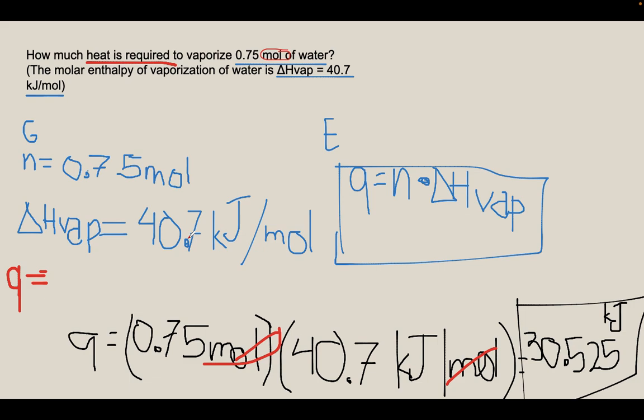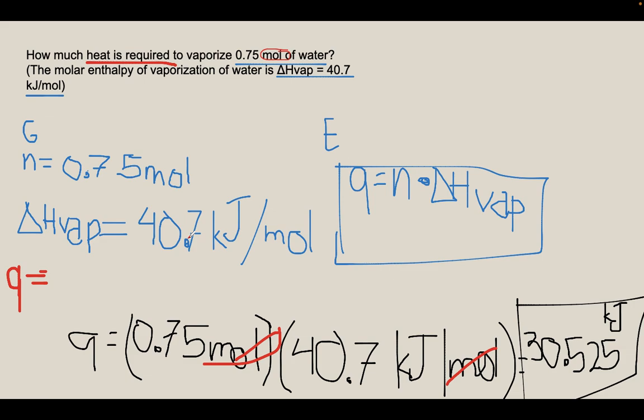So, ito na yung given niya, and that's enough to get the heat. Ito yung formula kanina, di ba? I just substitute n, which is 0.75, to the enthalpy of vaporization. Since similar silang may mole, I cancelled mole.